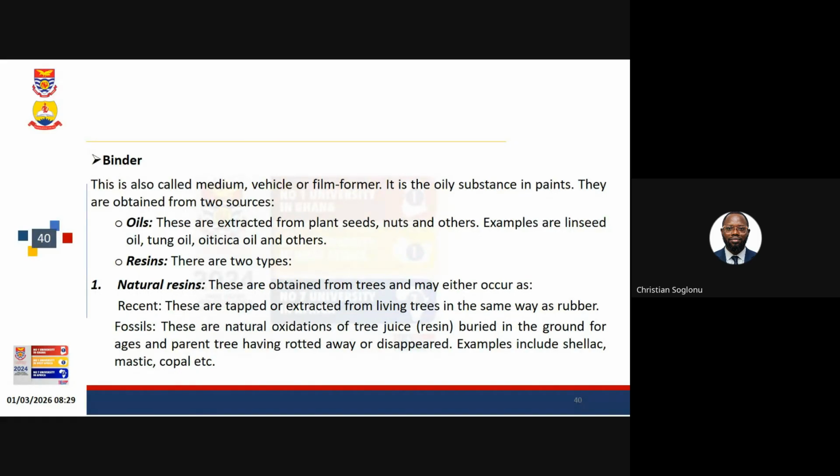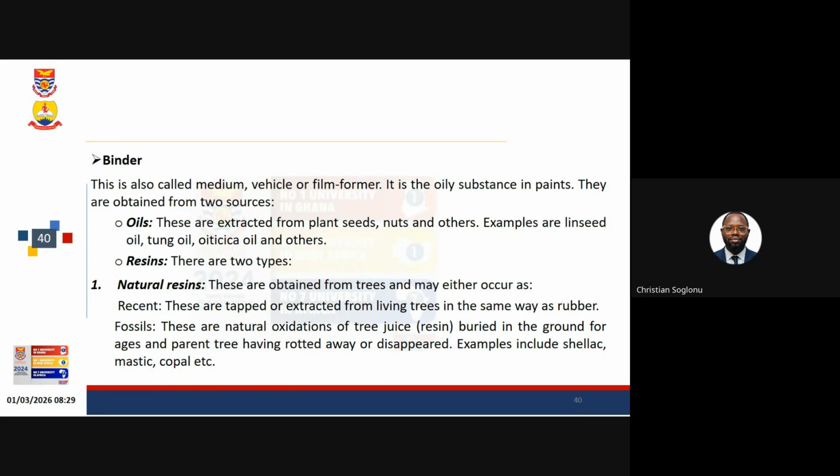And we are being told that we can obtain binders from two sources, either oil or resin. So oil, these are extracts from plant seeds, nuts, and others. Examples are linseed oil, tung oil, oiticica oil, and others.